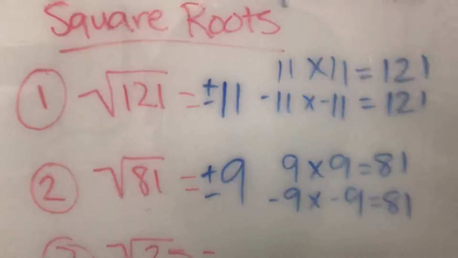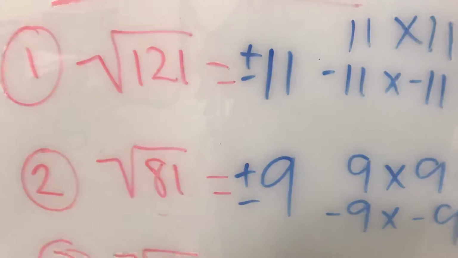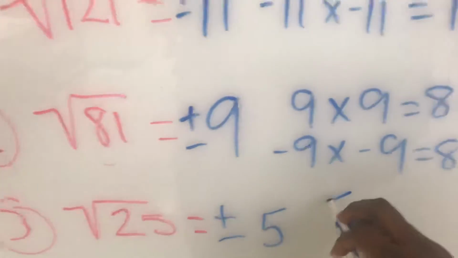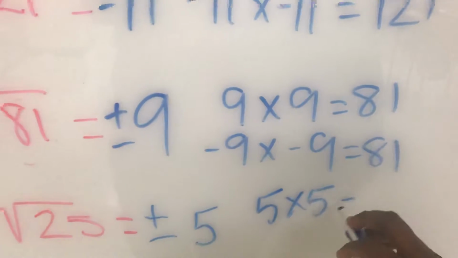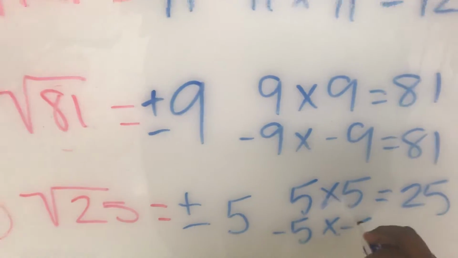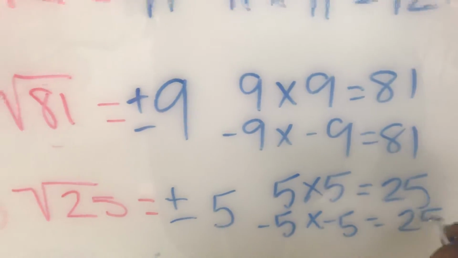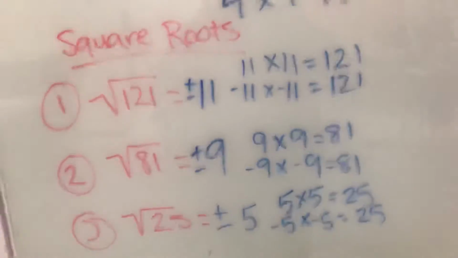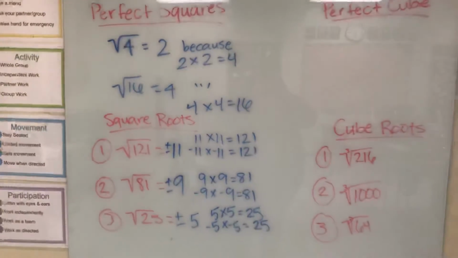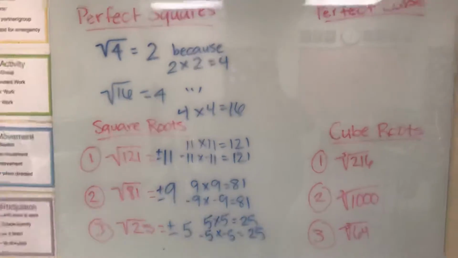So what you should have got was positive and negative 5, because 5 times 5 equals 25, as well as negative 5 times negative 5 equals 25. Right. So again, these are perfect squares as well as square roots.